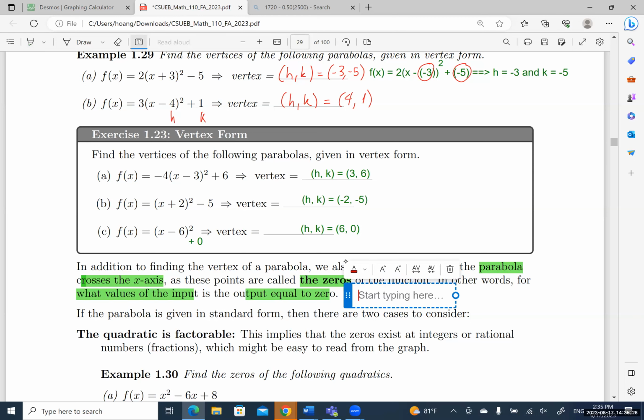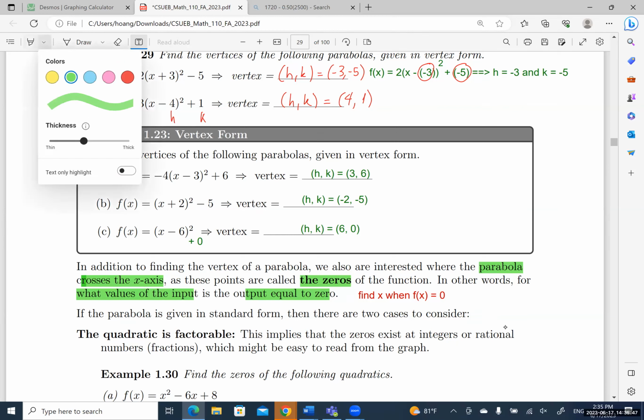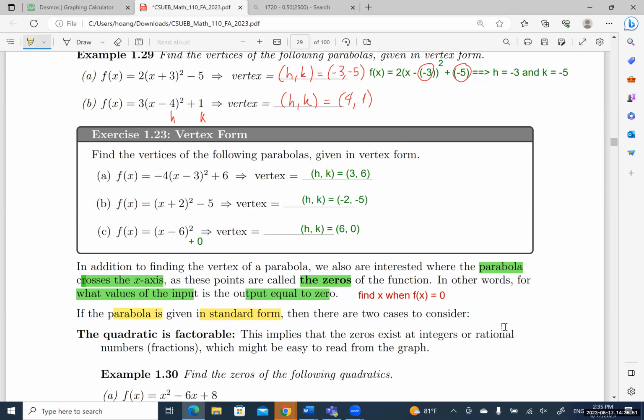So in other words, let's say find x when f of x equals 0, something like that, right? Okay. So in order to find zeros, if the parabola is given in standard form, then you have to consider 2 cases.